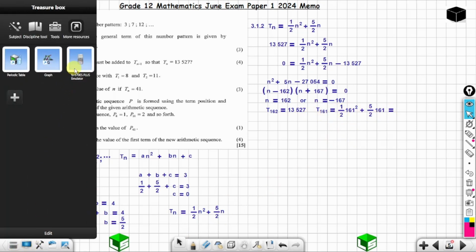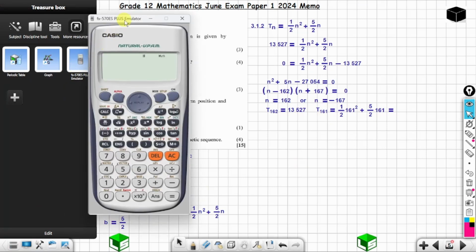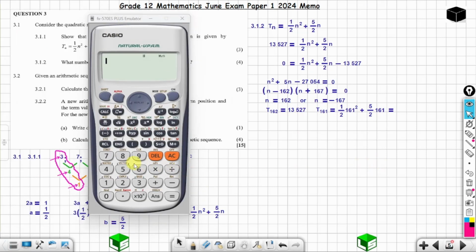You can use your calculator if you want.